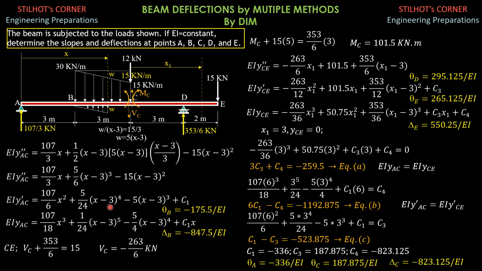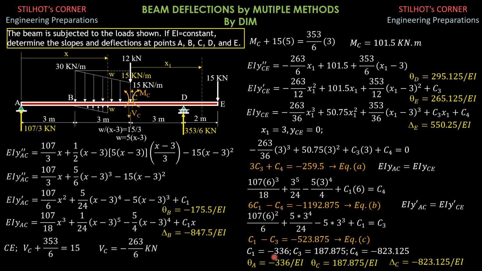Then finally, the slope at C is the same for both sides of the beam, or for both differential equations at C. So EI y prime AC equals EI y prime CE. So for CE, it is just c sub 3 here, x1 is 0.